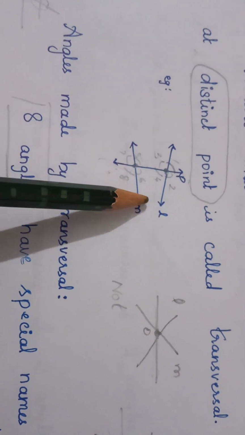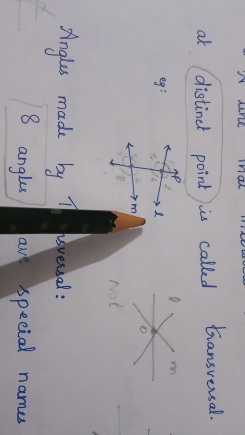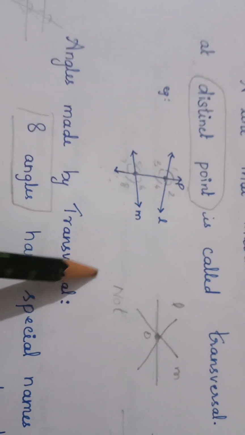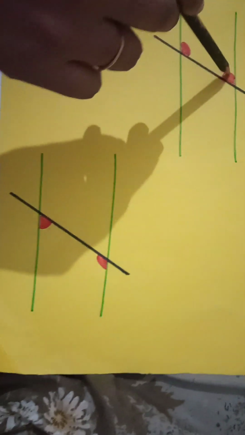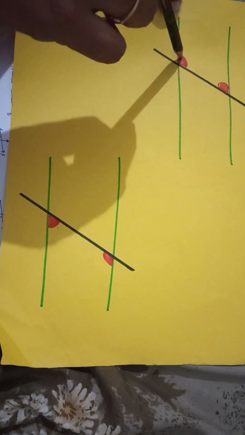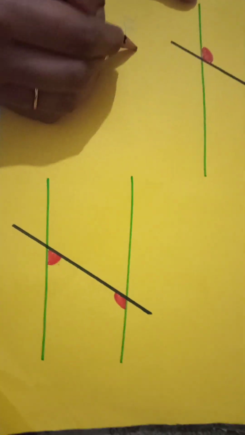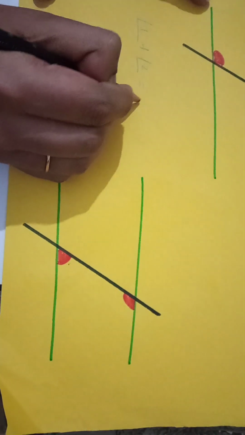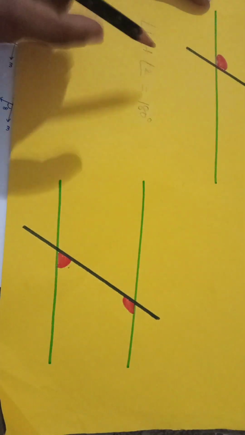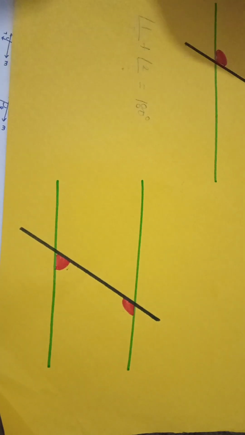If it is parallel, then we have three more things. The pair of interior angles on the same side are supplementary. What is meant by supplementary? When any two angles are added, the sum should be equal to 180 degrees. Such angles are called supplementary angles.